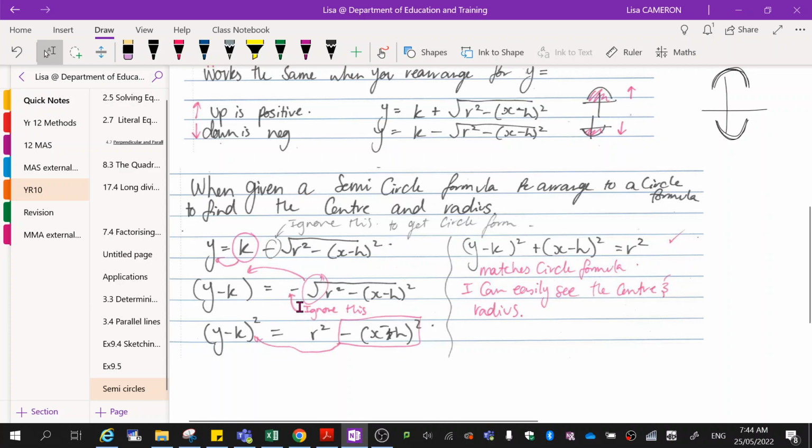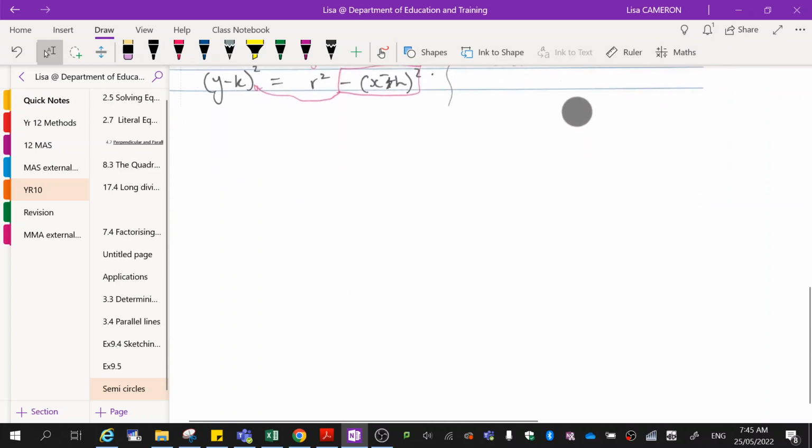So ignore that, take the squared over, then you'll take this part over, and then we're back to the equation of a circle. Once you've got that, it's really easy to see that the center of this is at (h, k) and the radius is this. Okay, so let's put this into practice and start doing an example.